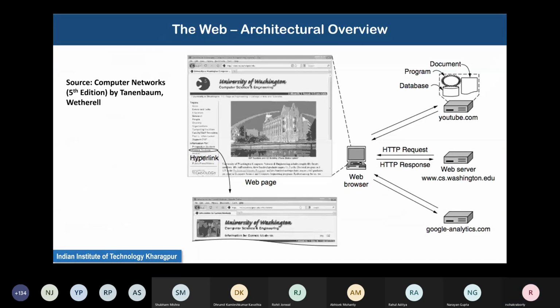Now, what happens actually? There is a web browser running on this desktop computer. This is the way desktop computers looked in offices, mostly in earlier days. Your CPU was kept as a horizontal box on which your monitor was kept.